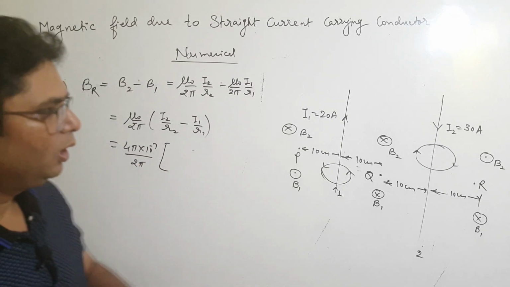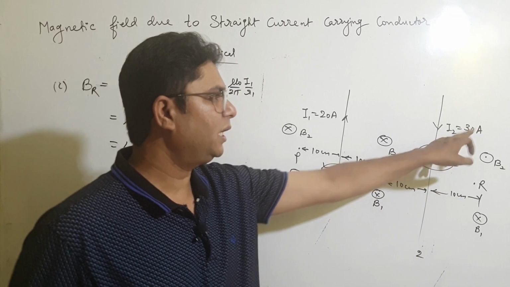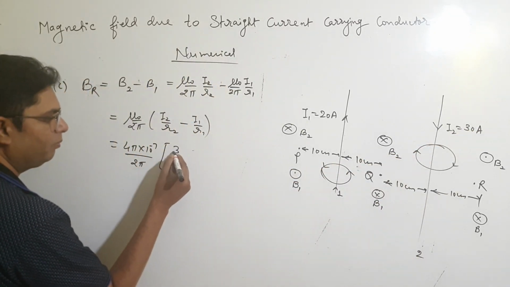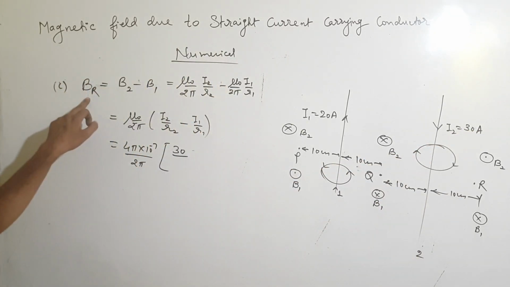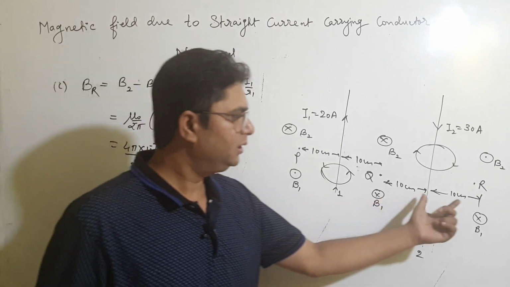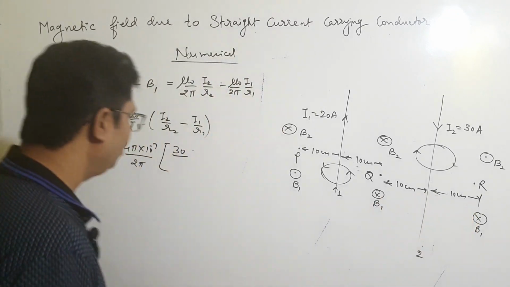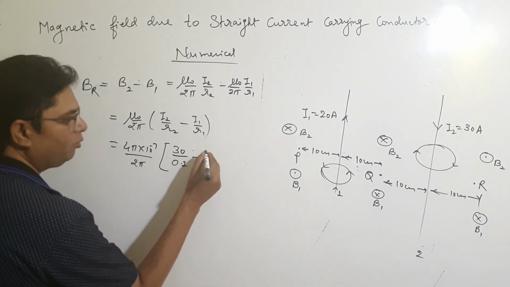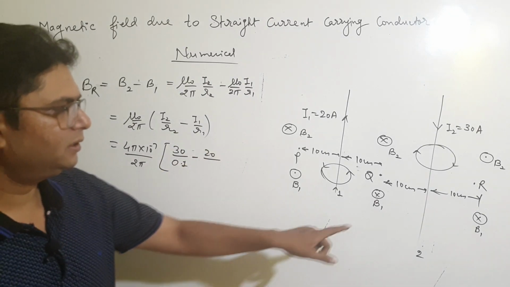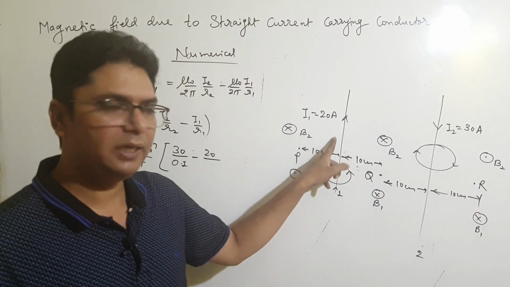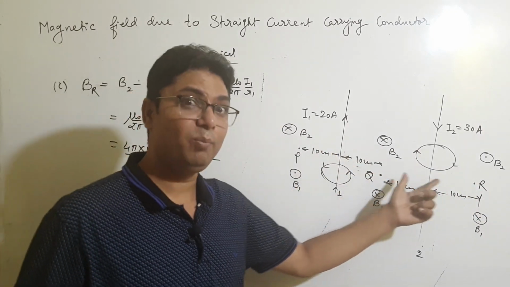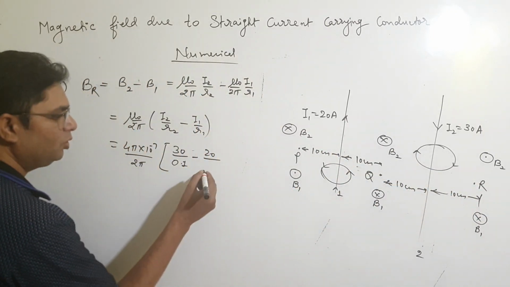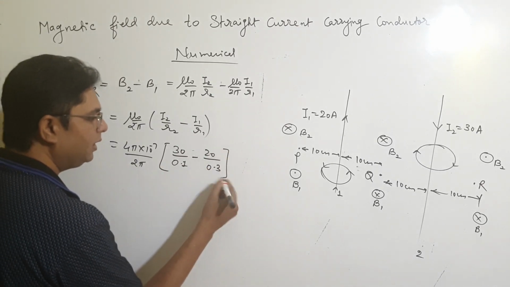What is I2? This is conductor 2, I2 is 30 ampere. And R2 at point R, this distance is R2, which is 10 centimeter, so it is 0.1. Minus 20, and the distance R from the first conductor is 10 plus 10 plus 10, 30, so this is 0.3 in meter.